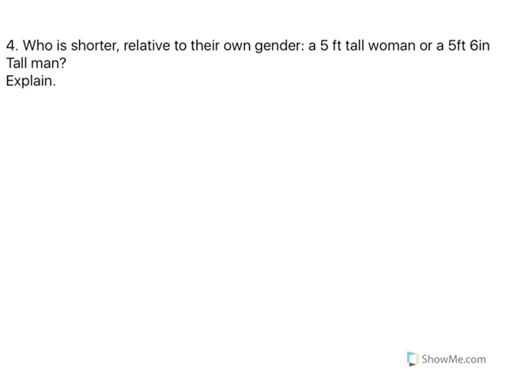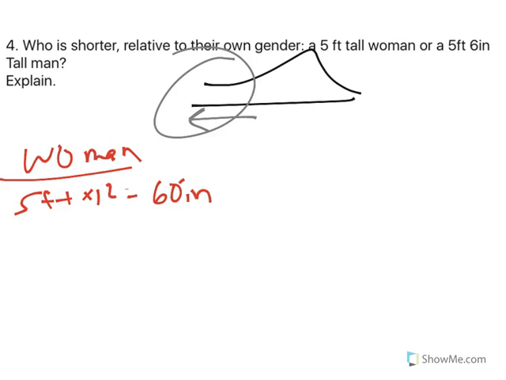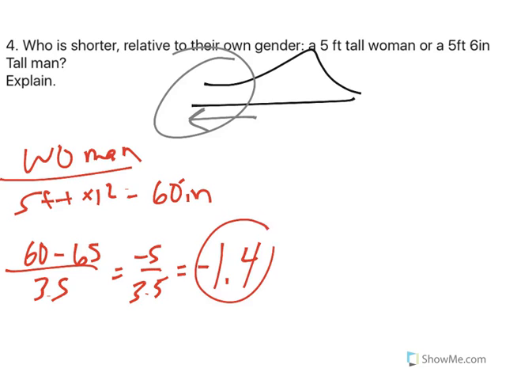Number 4, who's shorter relative to their own gender? So now when we look at our normal distribution, we're looking at who falls furthest to the left, so who has the smallest z-score. So again, we'll start with the woman. She's 5 foot. So if we multiply that by 12, that gives us 60 inches. So 60 minus 65 divided by 3.5 gives me a z-score of negative 1.4.